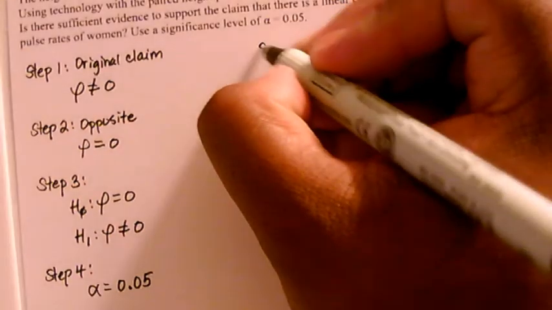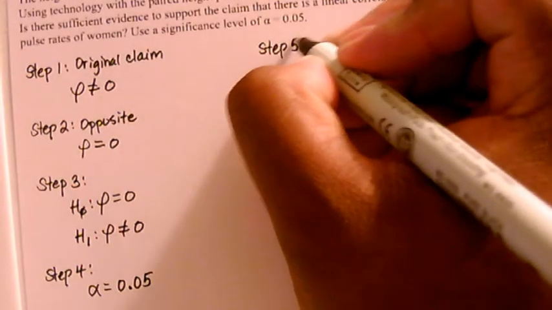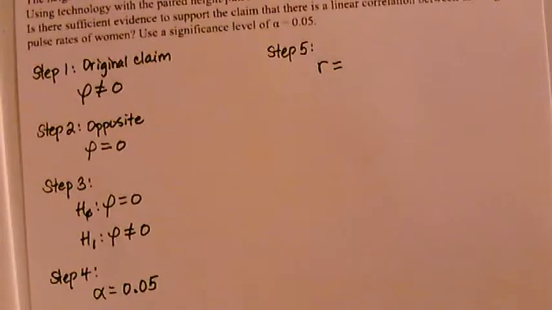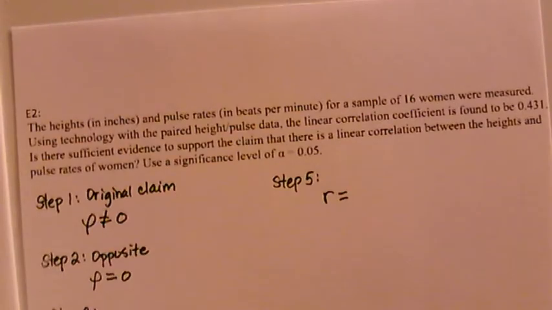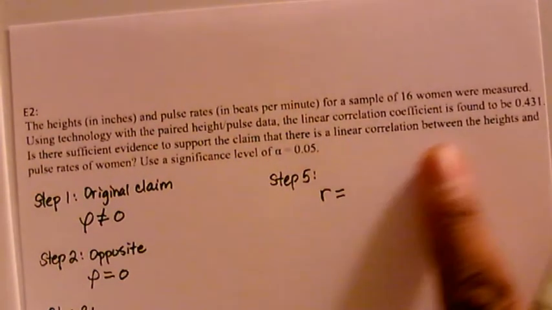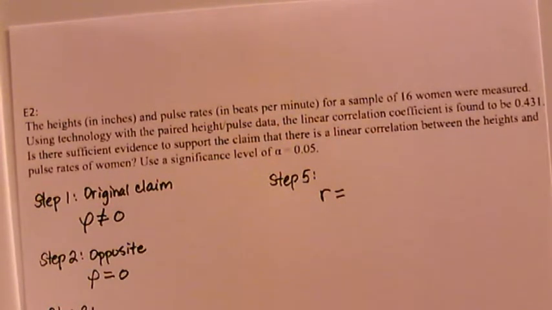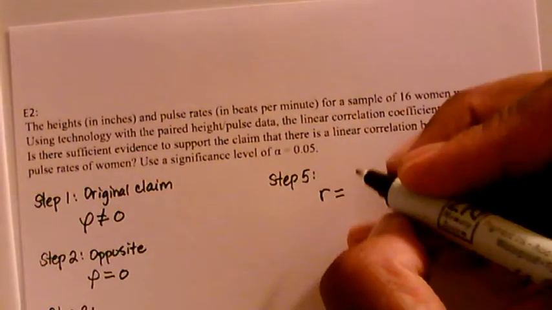Then step number 5 is our linear correlation coefficient, which is R. Just like in the last example, they give you the linear correlation coefficient, so R is equal to 0.431.